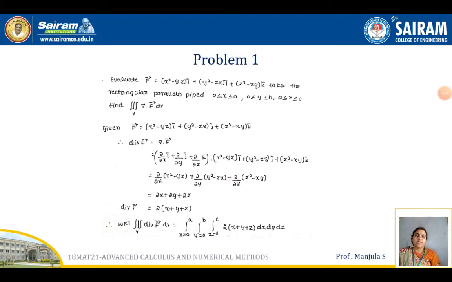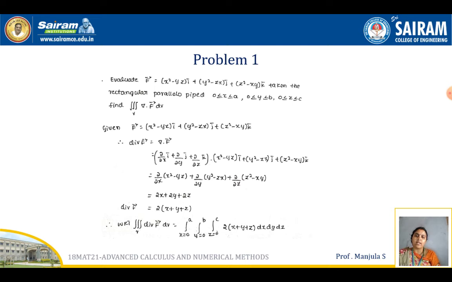So first we'll find the divergence of f, that is del dot vector f. The definition of del we have to substitute, that is dou by dou x into i cap plus dou by dou y into j cap plus dou by dou z into k cap, dot vector f. The given vector f we substitute, that is x square minus yz into i cap plus y square minus zx into j cap plus z square minus xy into k cap.